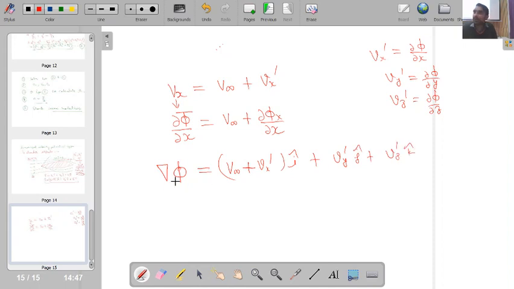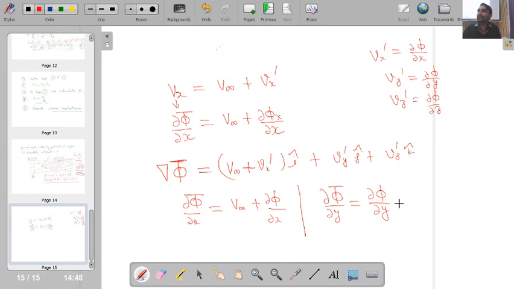From here you can see the expansion will be del phi bar by del x in i cap plus del phi bar by del y j cap. So del phi bar by del x is equal to V infinity plus Vx dash, which is del phi by del x. Similarly, del phi bar by del y will become del phi by del y, and del phi bar by del z will become del phi by del z.